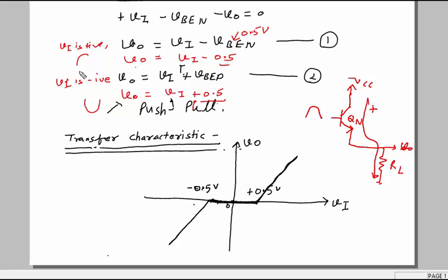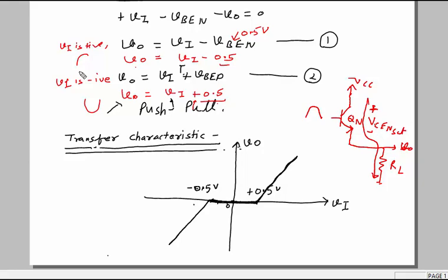At the maximum, VCE in saturation will be there. When Vi is maximum, the voltage drop across collector and emitter will be VCE in saturation, which ideally should be 0, but practically we have some 0.2 or 0.3 volt.